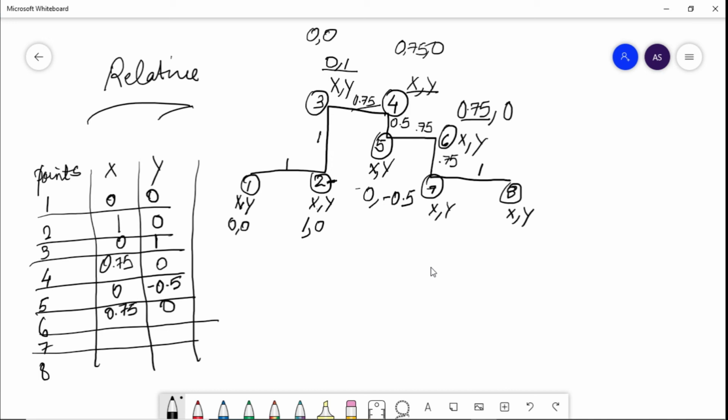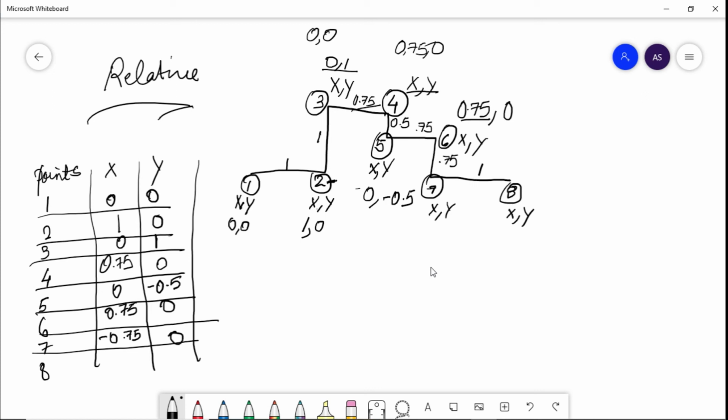To move to the next point, point number 7, x is minus 0.75. The initial value at point 6 becomes 0, 0. To move in the direction of negative x, we have to take the negative value of 0.75 so as to move a distance of 0.75 magnitude in the direction of negative x, and then y is 0.